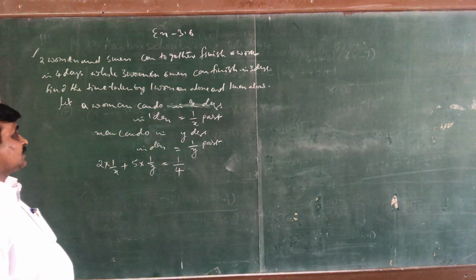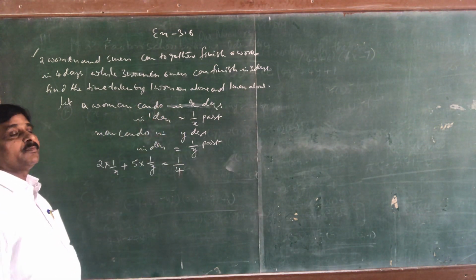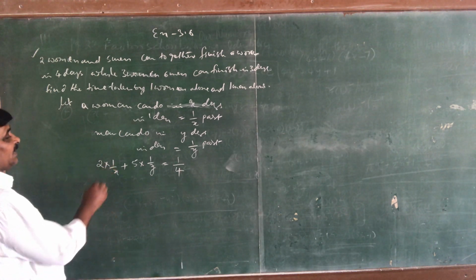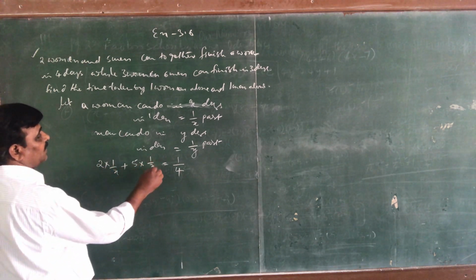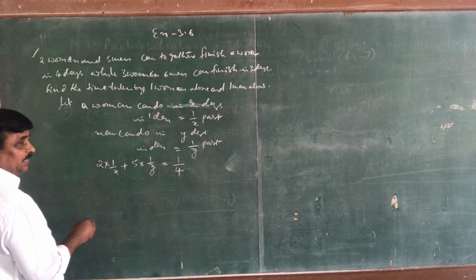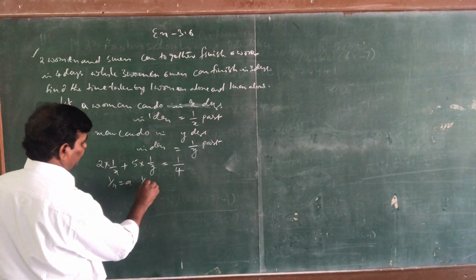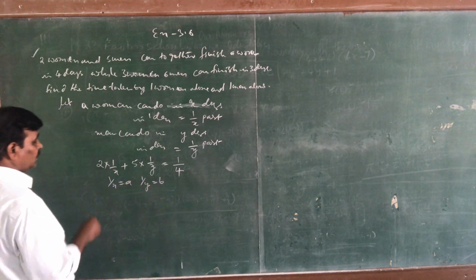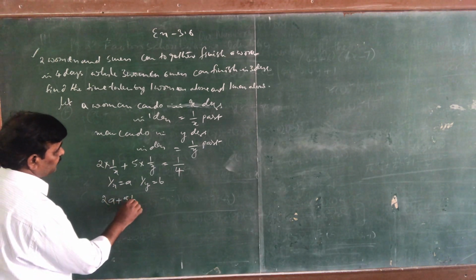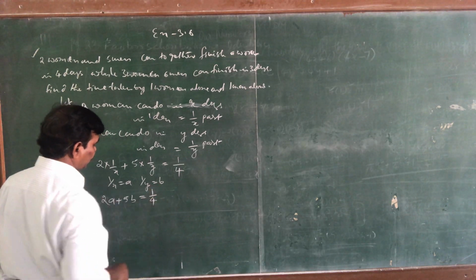Why 1 by 4th part? Because they are completing it in 4 days; in 1 day, they do 1 by 4th part. So 2 into 1 by X plus 5 into 1 by Y is equal to 1 by 4. We can reduce this by denoting 1 by X is equal to A and 1 by Y is equal to B. So this equation becomes 2A plus 5B is equal to 1 by 4.